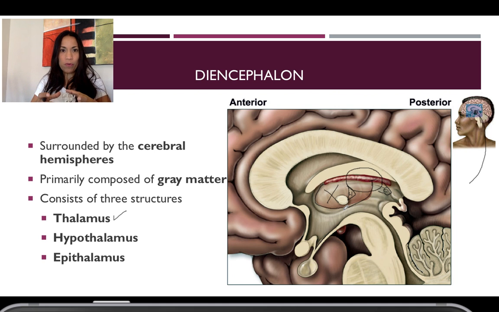So all the information gets in here, and the thalamus decides if that information is important enough to go to higher levels, and so we spend our energy being aware of that and creating a response to that stimulus, or if it's not important.